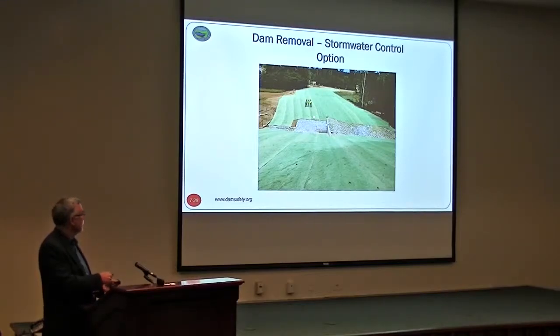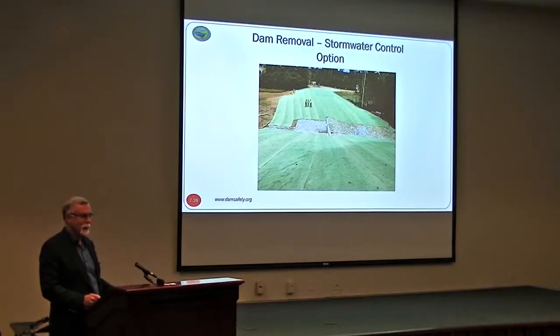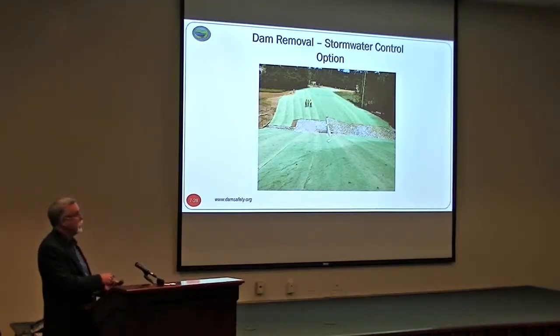So it cost them a little bit more to build this type of structure, but that was a requirement of the county. So in effect, you built back a little dam. Instead of this dam being 24 feet high, now it's 7 foot high. But there's an additional cost to that.